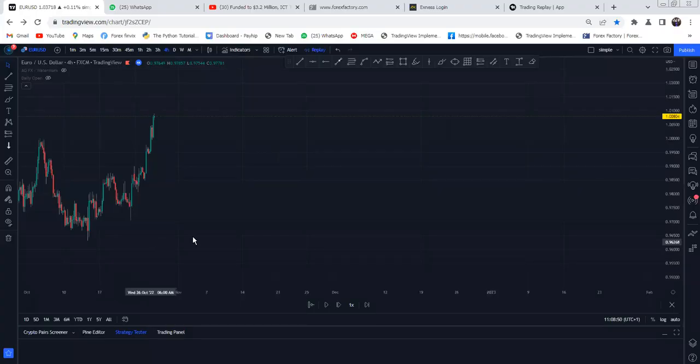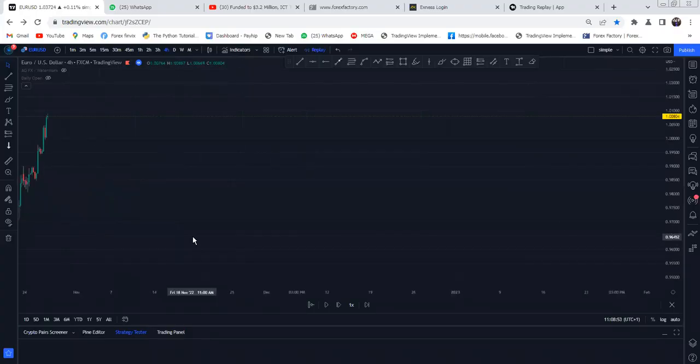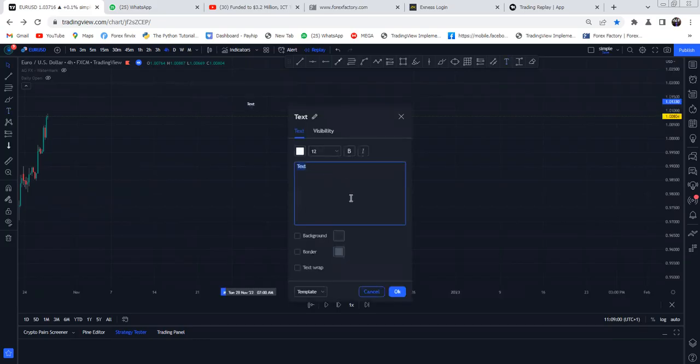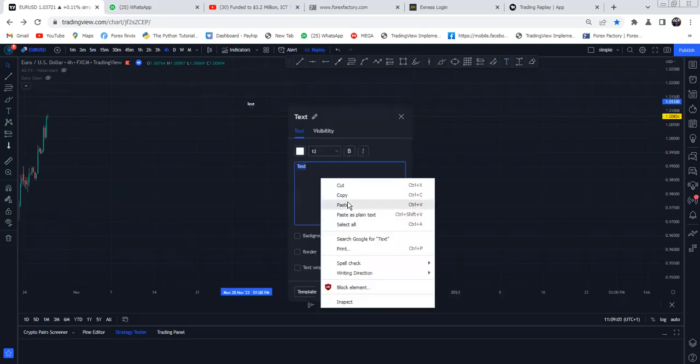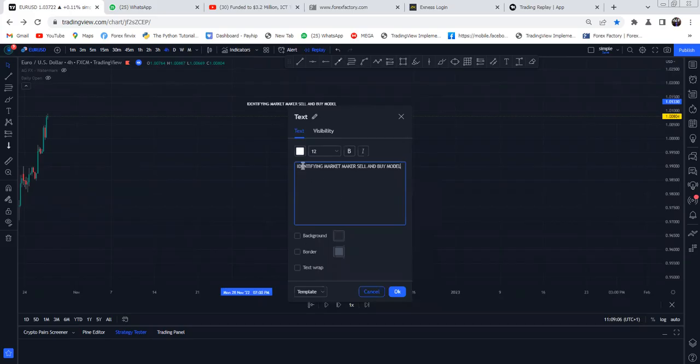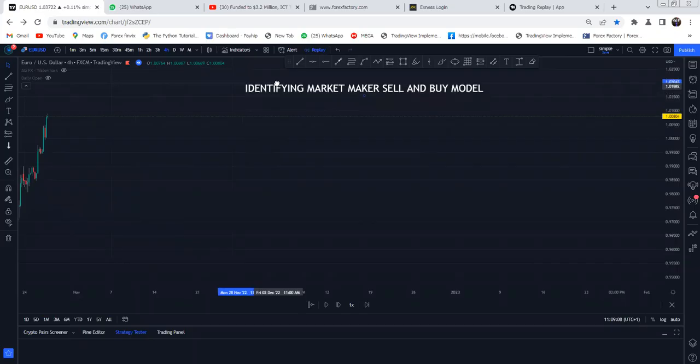So here is my chart. I'm going to first of all show you how the market maker buy and sell profile looks like on the chart, so that you will be able to spot it on your chart as well.